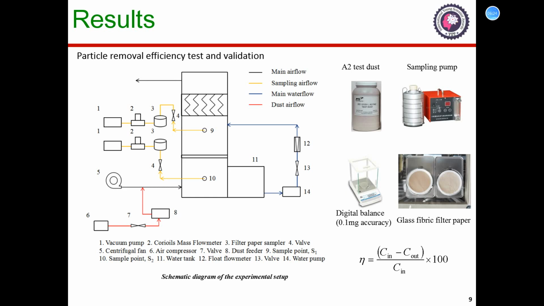When we run this test system, we generate the A2 test dust into the system, and then we use the glass fiber filter paper to get the sample from the upstream and the downstream of the wet scrubber. And then we use the digital balance to calculate the weight increase and use the equation to calculate the efficiency of the particle removal.